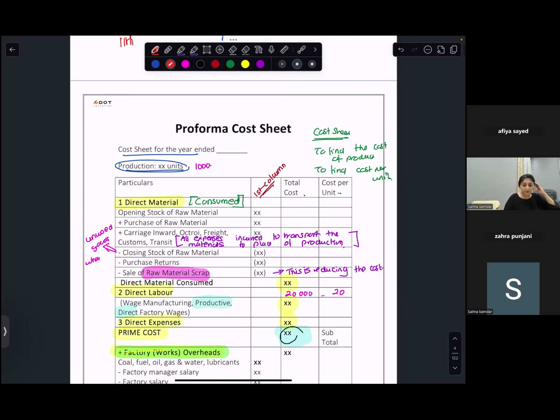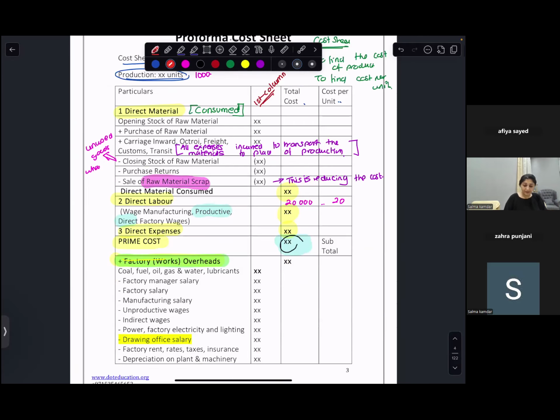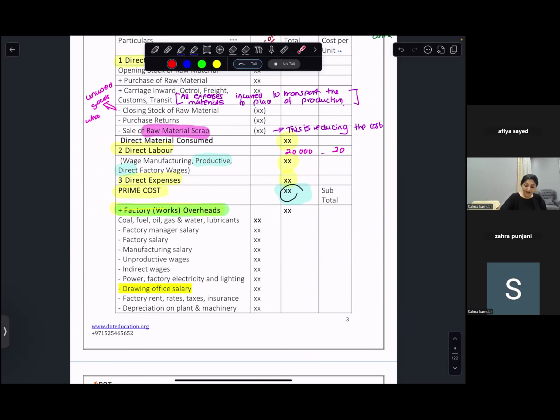Now what comes under what overheads? Okay, after doing this, I will give you some time to prepare your notes. Factory overheads: everything that is in the factory, manufacturing, unproductive. There is one thing that people get confused in. Drawing office salary. Where will this go?